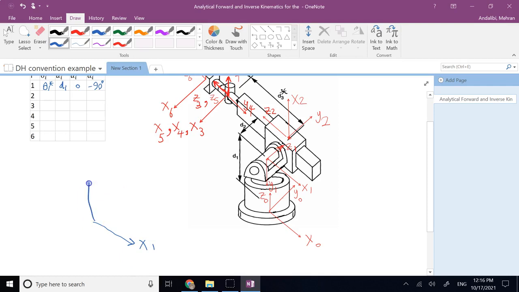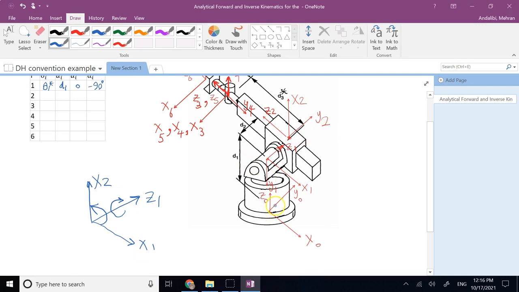Your x2 is upward, and then you have your z number 1, which is this. So positive rotation for this z1, it is going to be this way, and that is opposite to the direction that you need to align x1 with x2, so that's negative 90 degrees, and then you have your angle theta 2, correct?